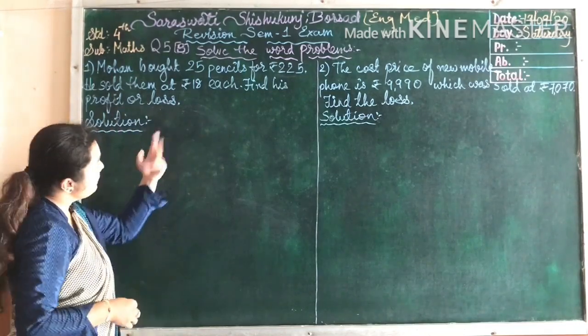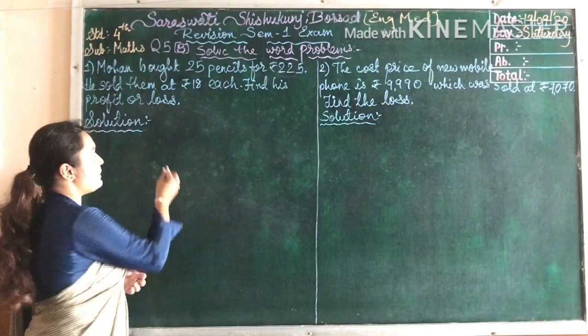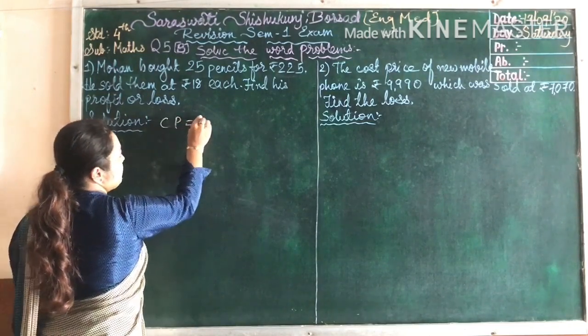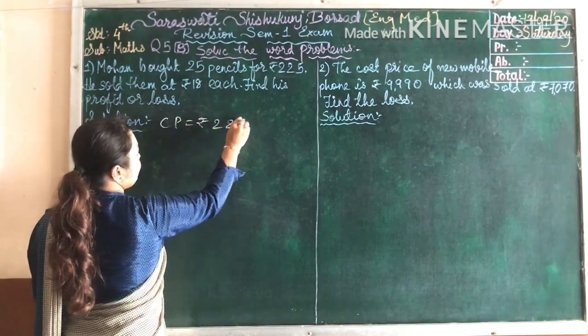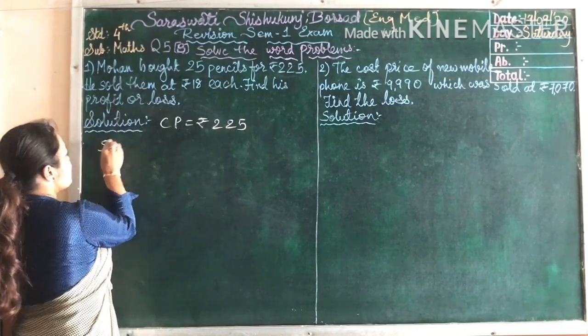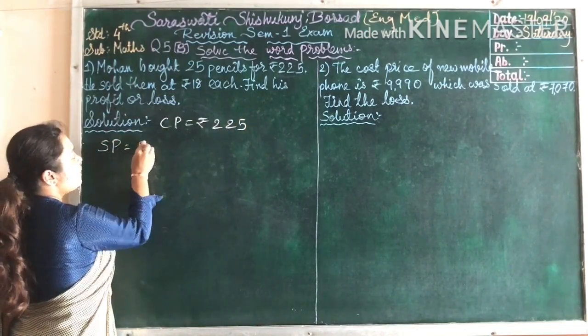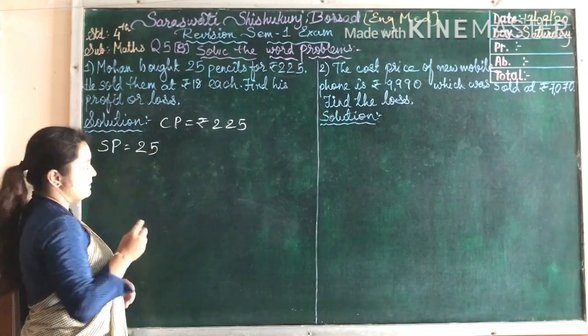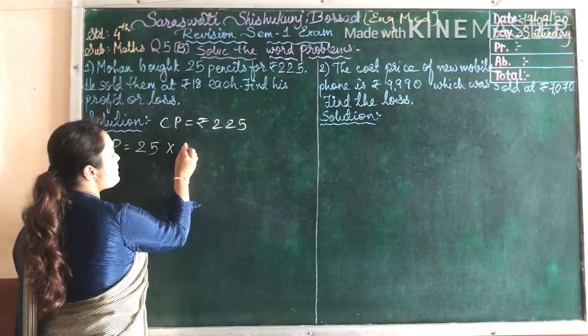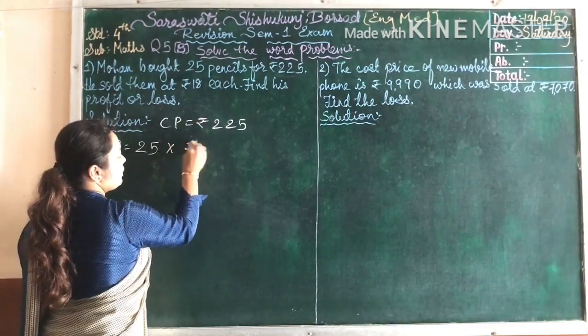As you all know that rupees 225 is there as a CP, means cost price. Okay, we need to find SP. Why? It is given SP of only one pencil. So we will multiply 25 pencils with rupees 18.